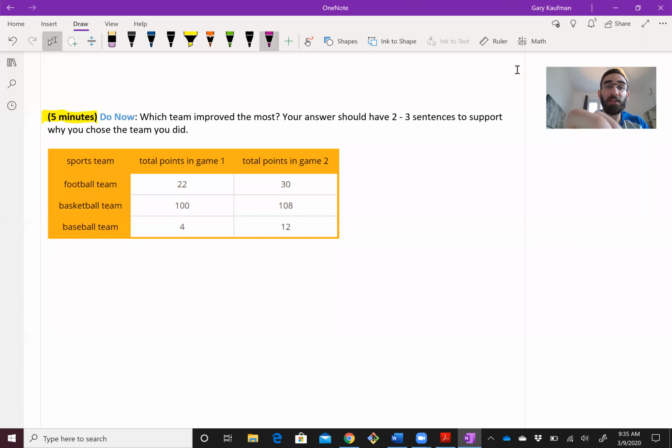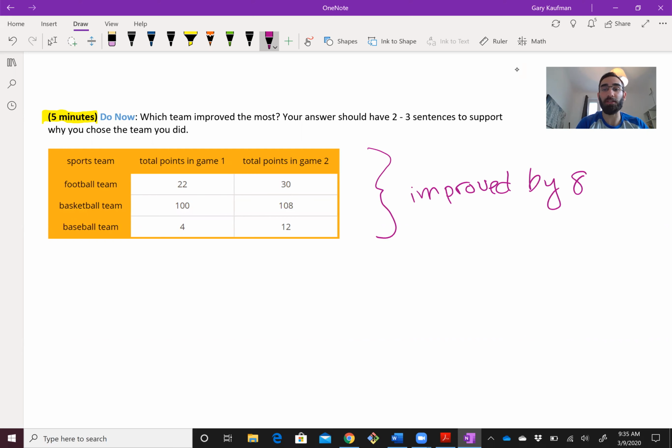So the first thing that we might notice is all the teams improved by 8 points. So at first we might say, wait, which one improved the most? Well, the football team, and so I'm going to label them A, B, C for my work. So the football team improved 8 points compared to 22. I'm going to write that as a ratio, 8 compared to 22.